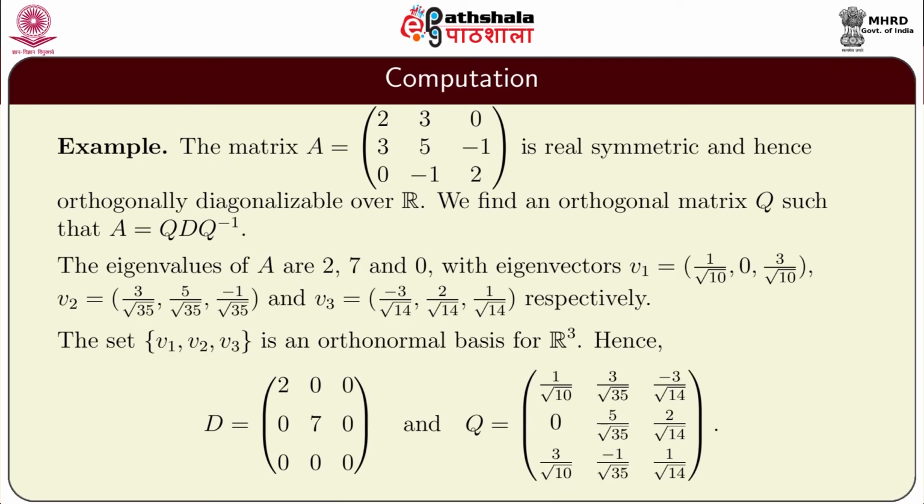a 3 cross 3 real symmetric matrix given by 2 3 0 in the first row, 3 5 minus 1 in the second row, and 0 minus 1 2 in the third row.